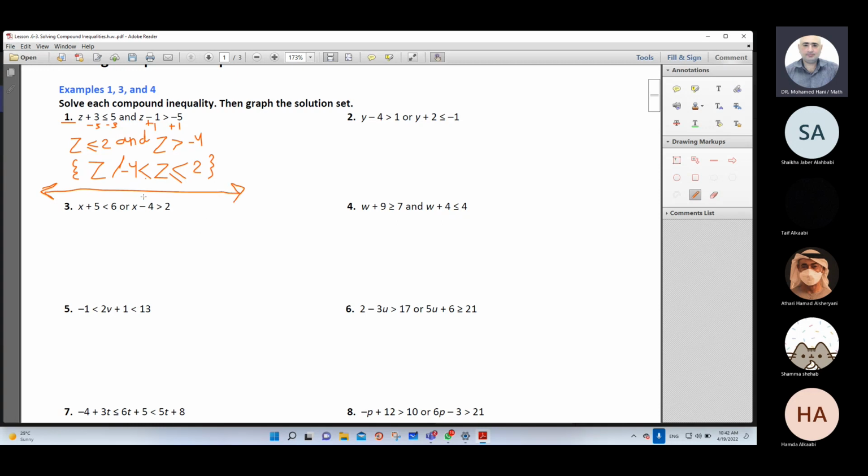Represent 0 in the middle, 2 on the positive side, for example here, and negative 4 on the second side, for example here. And here we have 0. For the sign at negative 4, we don't have equals, so we use an open circle.